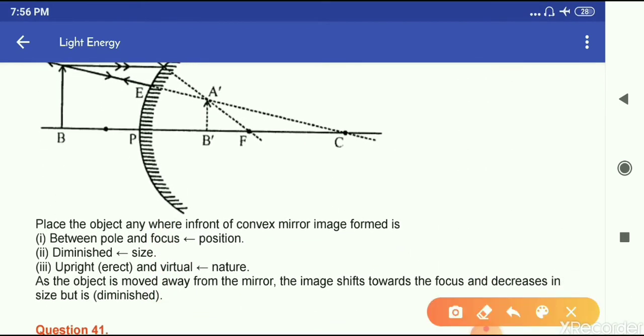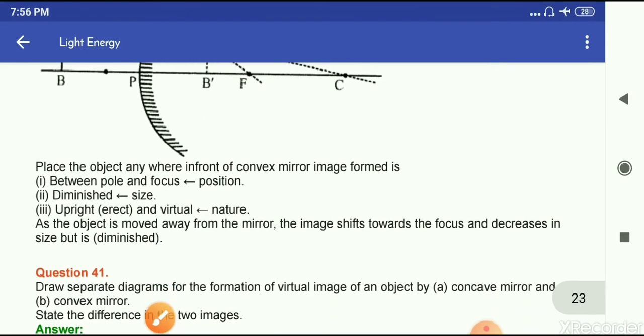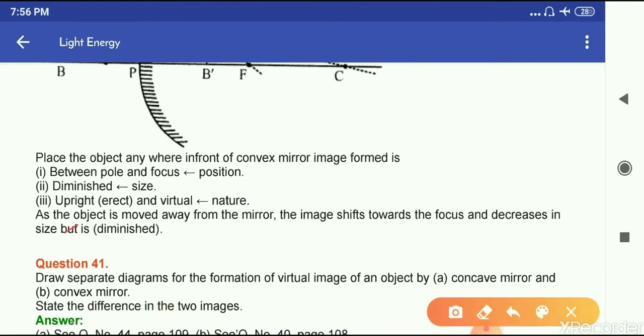When you place the object anywhere in front of the convex mirror, image formed is between the focus and pole, size is diminished, nature is upright and virtual, and as the object is moved away from the mirror, the image shifts towards the focus and decreases in size, that is, it is diminished. Okay.